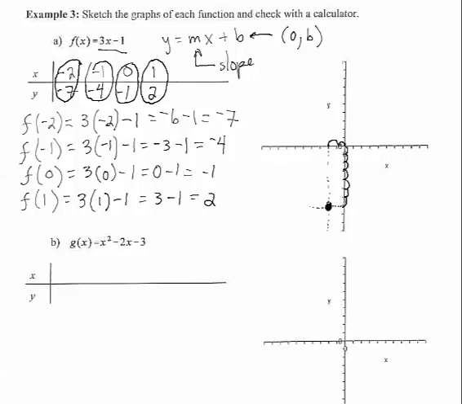Okay, I'm going to clean my graph up a little bit. I erased my point. It was somewhere around there. And now I'll just do that with each of the input-output pairs that I have left. -1.